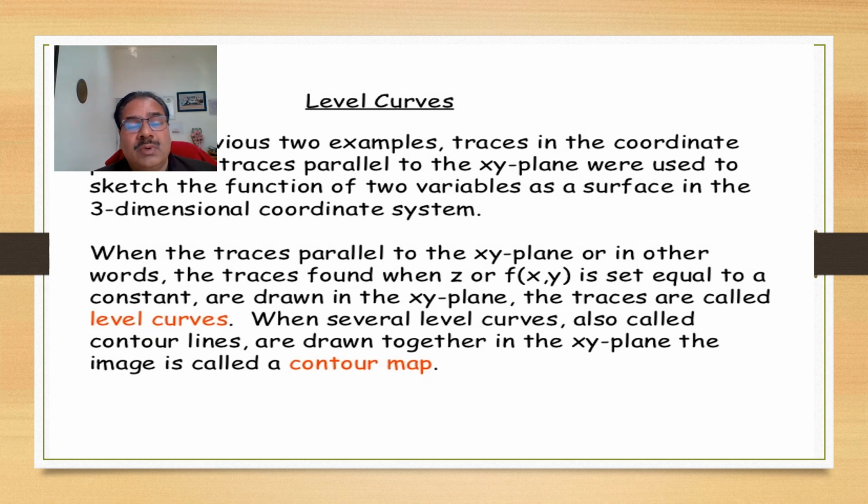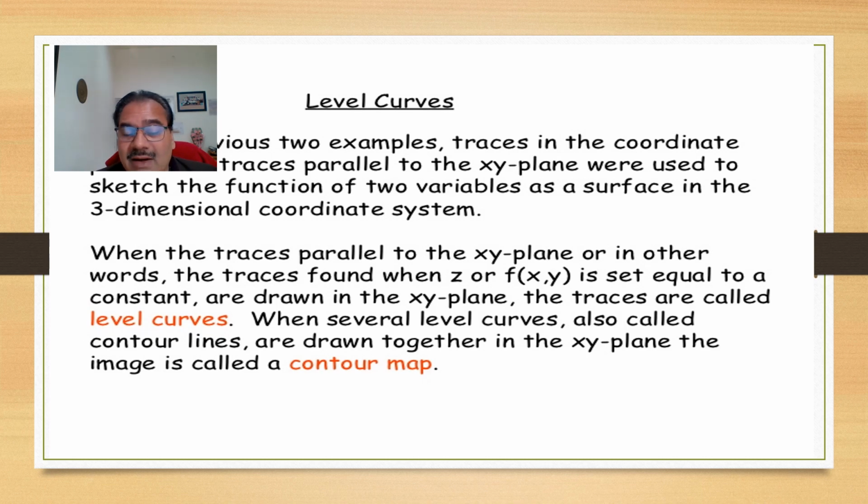Now, one important term is level curves. What do we mean by level curves? In the previous two examples, traces in the coordinate planes and traces parallel to the xy plane were used to sketch the function of two variables as a surface in the three-dimensional coordinate system.